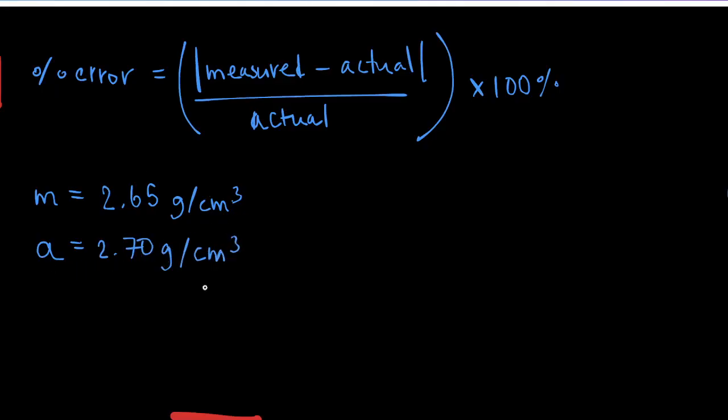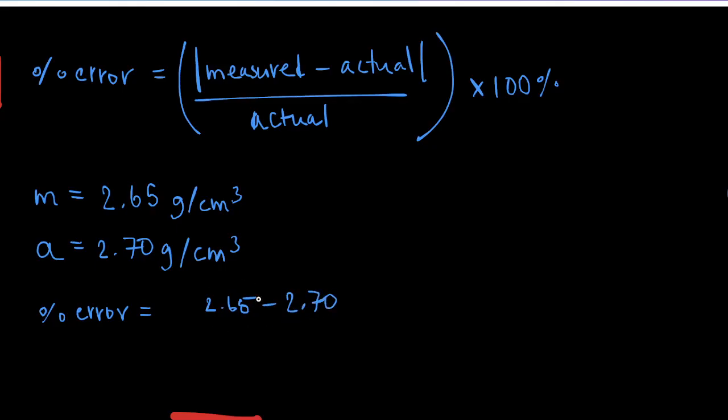And so now, how do we find our percent error? Well, we just simply plug these values into the above formula. Let's say our percent error is going to be our measured, 2.65, minus our actual, 2.70.